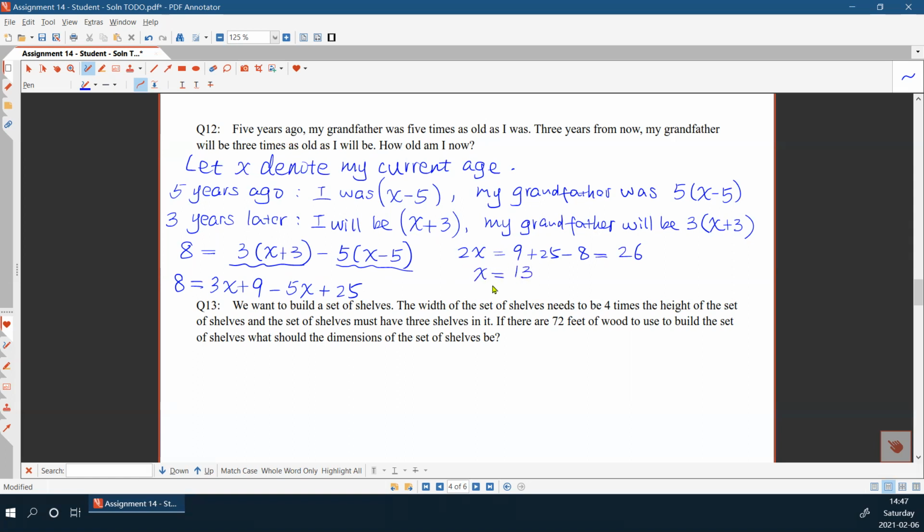So what is the meaning of x? x denotes my current age. So that means my current age is 13. So let's make a conclusion. Therefore, I am 13 years old now.